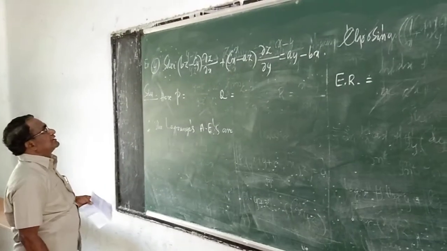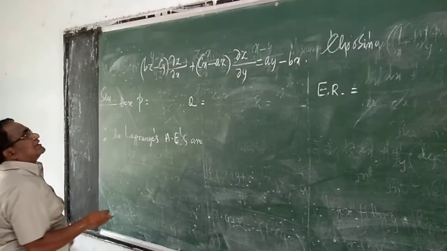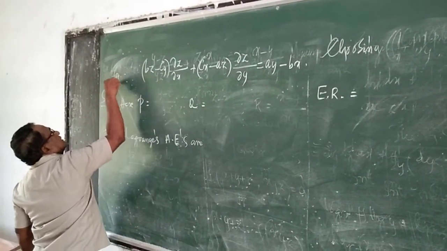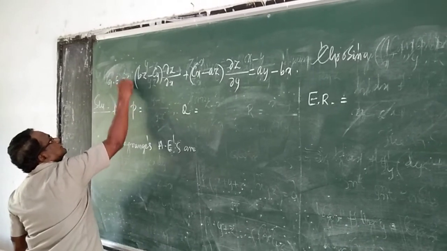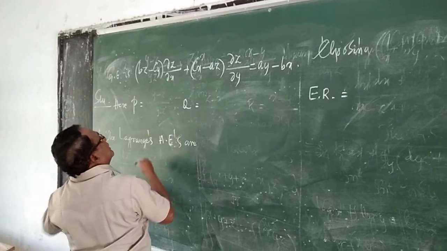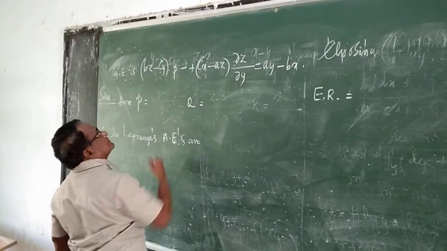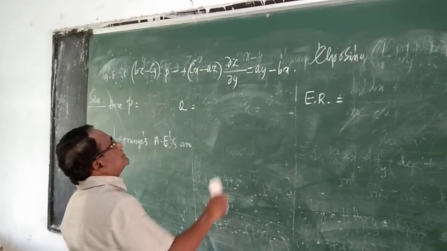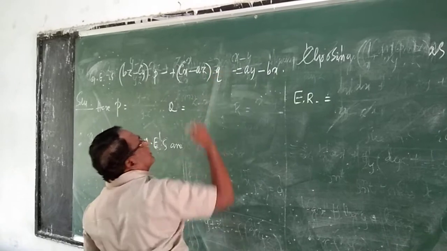Say here the given equation can be written as: bz minus cy into dou z by dou x is nothing but our small p, plus cx minus az into dou z by dou y is small q.